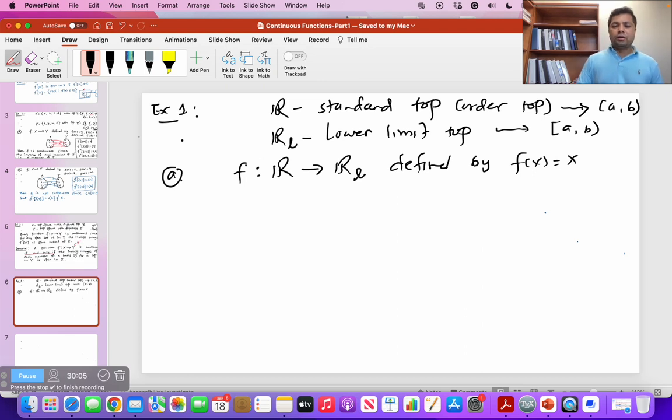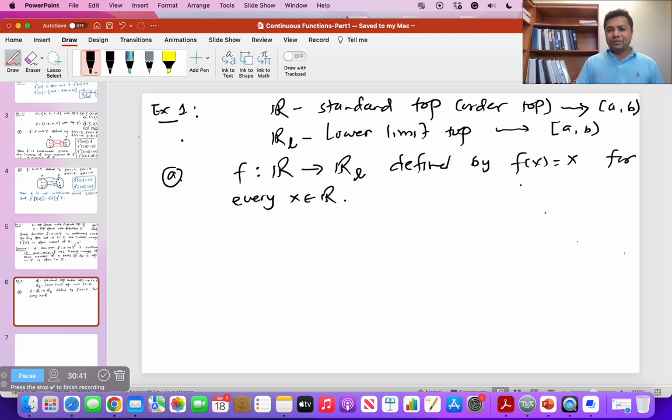We have a function from R to R, where the domain is with the standard topology and the codomain is with the lower limit topology, defined by the relation f of x equals x for every x in R. It's not exactly the identity, but it's kind of an identity map. Now let's see whether this map is continuous or not.